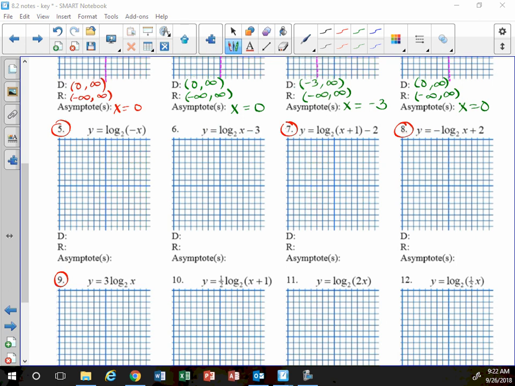Your 2 points are what we start with. 3 times the y value. The x's stay the same. Just like a negative in front of a log.